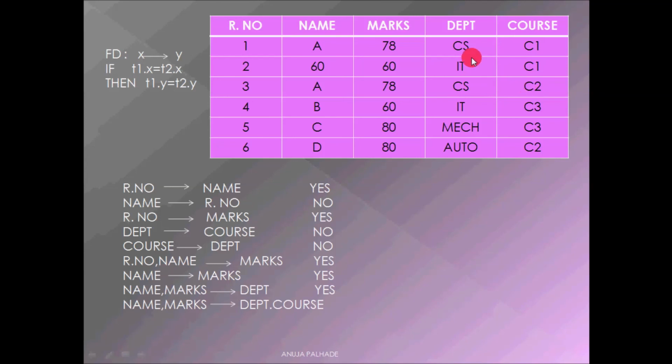No, not matching. If it were CS C1, CS C1, then it would be functionally dependent. Here is C2 and here is C1, so we have to consider the total Y, CS C1, CS C2. It means it is not matching. But this is not going to match in this case.